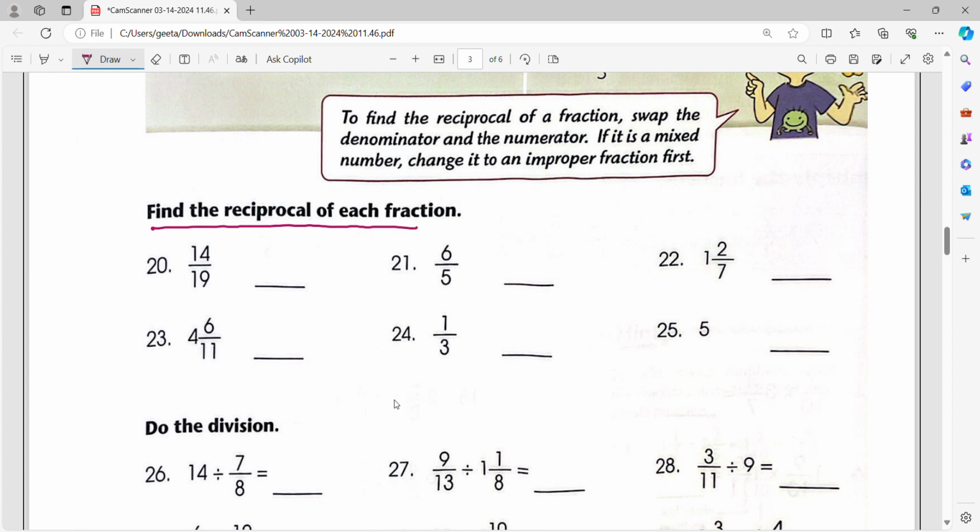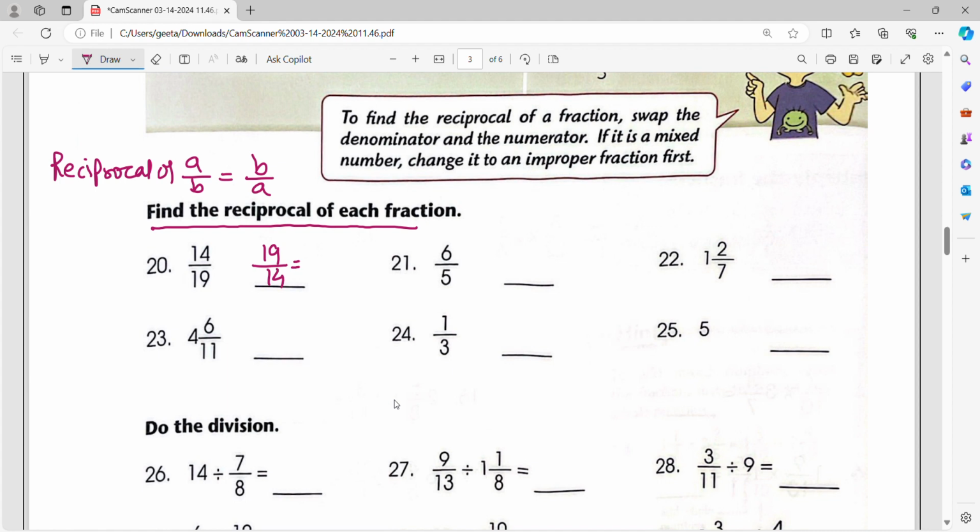Find the reciprocal. Okay. Now what is a reciprocal? Look, very simple. Suppose a fraction is in this format, a over b, then its reciprocal would be its reverse, b over a. I hope I'm clear here. So the reciprocal of 14 over 19 is 19 over 14. Clear? Simple as that.